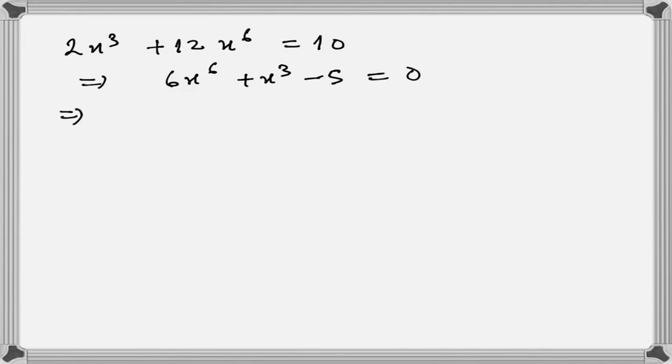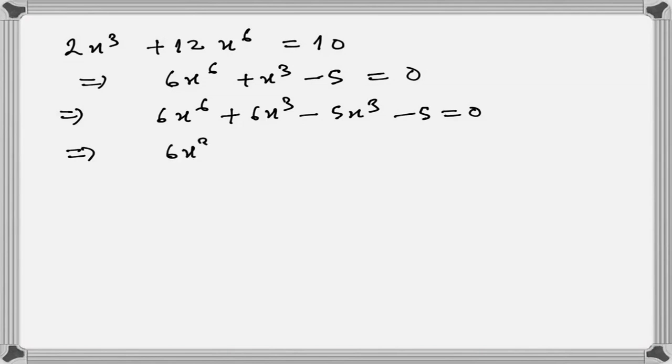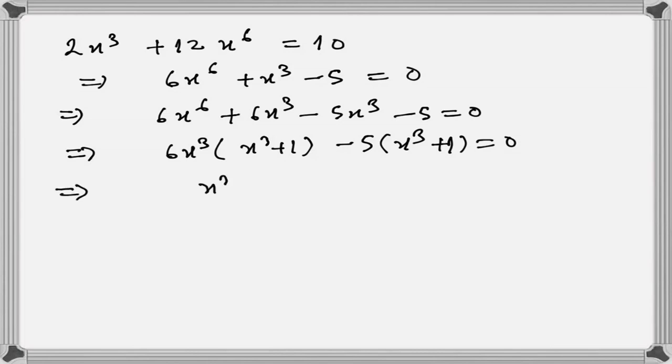So let's factorize it. We get 6x to the power 6 plus 6x cube minus 5x cube minus 5 is equal to 0. This implies 6x cube times (x cube plus 1) minus 5 times (x cube plus 1) is equal to 0. So (x cube plus 1) into (6x cube minus 5) is equal to 0.